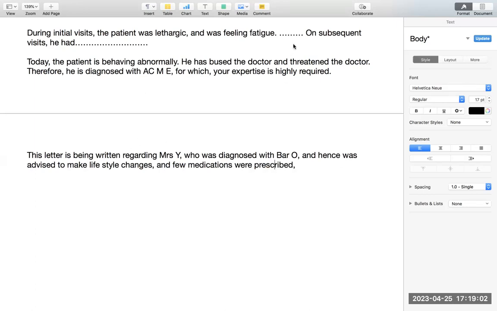She was diagnosed with Barrett's esophagus, hence was advised to make lifestyle changes, and few medications were prescribed. Today, she is asymptomatic with the help of medications. But now, again, make it simple, but now she does not want to take medication. She does not want to continue medications for the rest of her life.